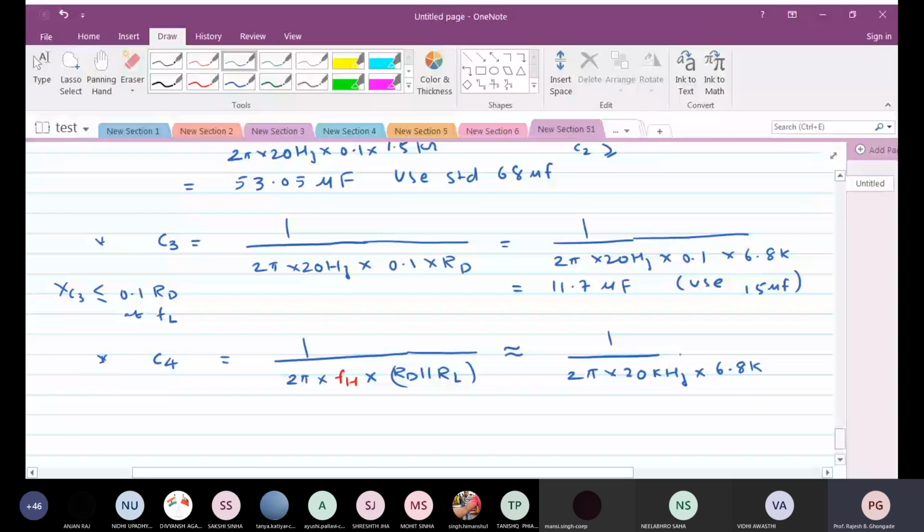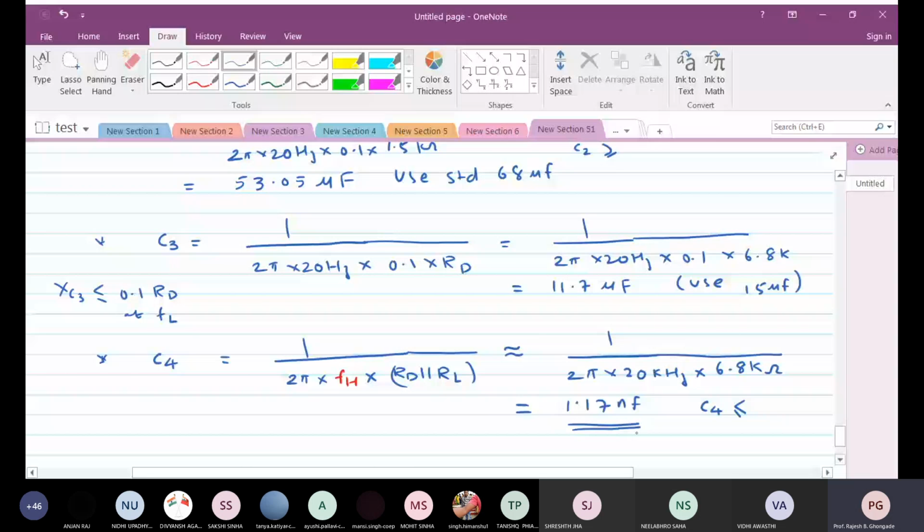What do I get? Sir, 117 microfarad. Okay, I'm getting 1.17 nanofarad. Here we have to make sure that C4 is not greater but is less than or equal to this value. So we'll select C4 slightly less than this, whatever is the standard value.